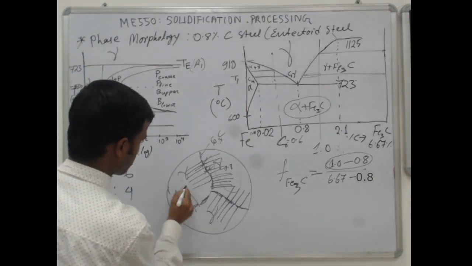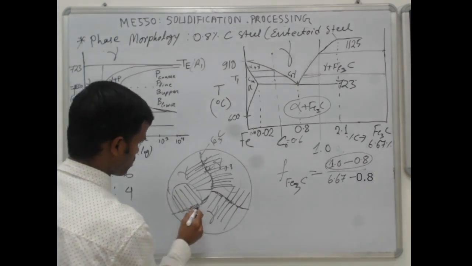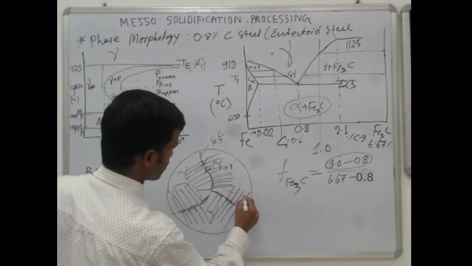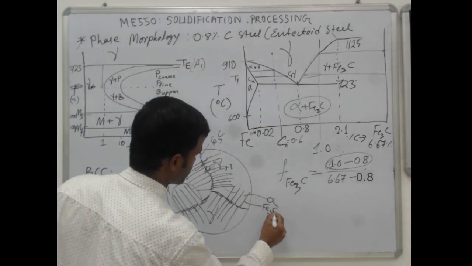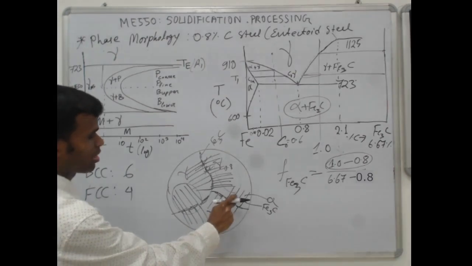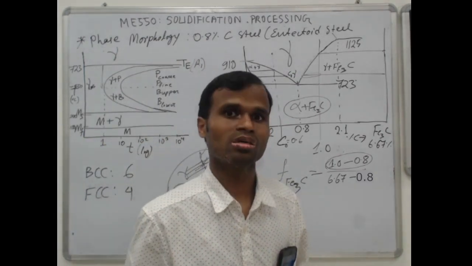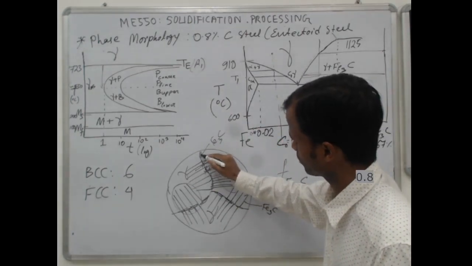So you can have different colonies, this lamellar spacing, these are called colonies. So you have alpha, you have Fe3C, and the mechanism of this pearlite formation remains the same, you have to understand.